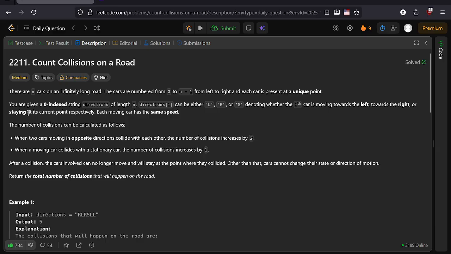When two cars moving in opposite directions collide with each other, the number of collisions increases by 2, and when a moving car collides with a stationary car, the number of collisions increases by 1. After a collision, the cars involved can no longer move and will stay at the point where they collided. So this is important. Then return the total number of collisions that will happen on the road.